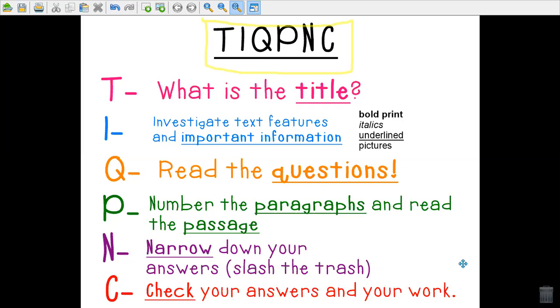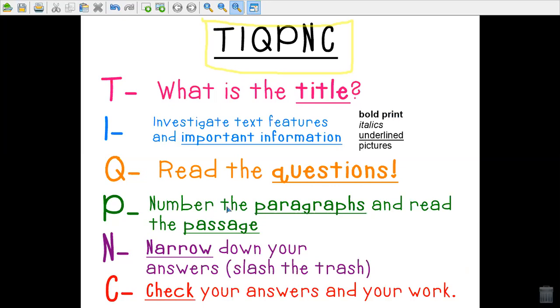Always check over it. Make sure all of your evidence is highlighted and or underlined, you have answers for every single question, and you have slashed everything that you need to. If you think it's not going to be A, B, or C, slash all of those for me, okay?